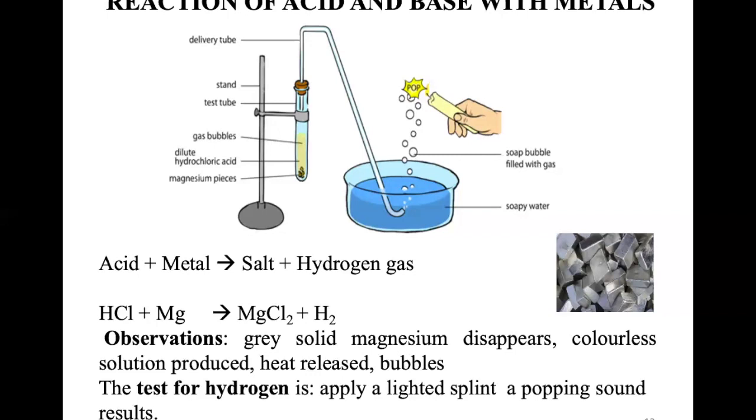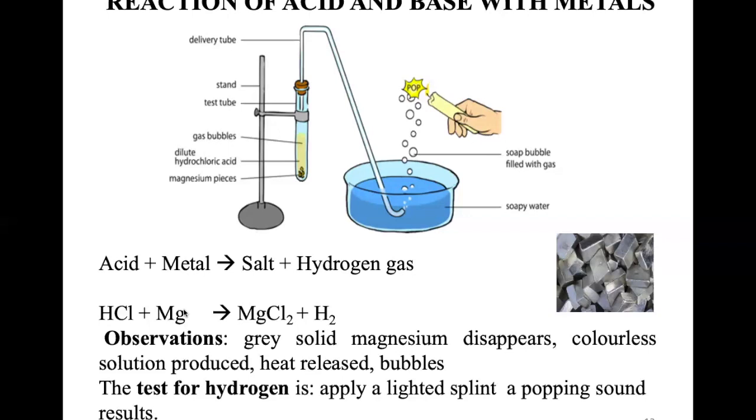Now, a question is over here. Do all the metals react with acid? What happens over here? This magnesium will displace H. Mg is going to displace the H, and it will take its place, forming MgCl2. The hydrogen will give rise to hydrogen gas. So, which metals can displace H?